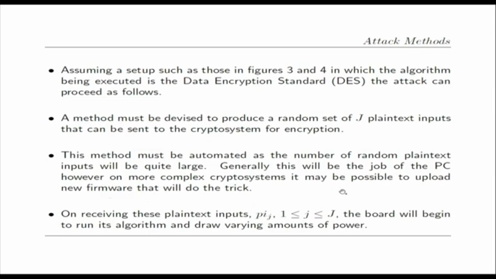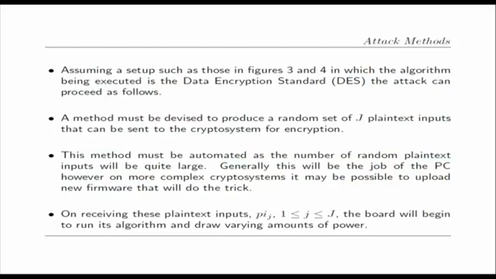Okay. So, basically we choose the j many plain texts randomly. That should be done either by the PC or some complex crypto system, or some new firmware should be able to give that. So, why randomly? We will come to that. Why do we need this random plain text?